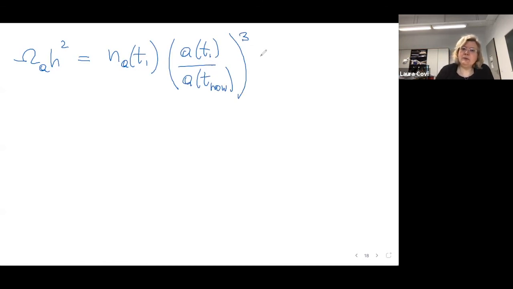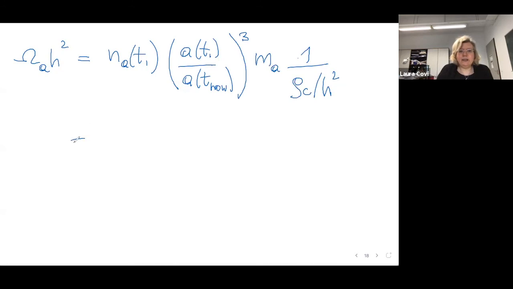And then I have to multiply by the mass to get the energy density. And then since I want omega, I have to divide by the critical value of the density, so rho C, actually over H squared. Okay, so this one is the expression I have to evaluate.